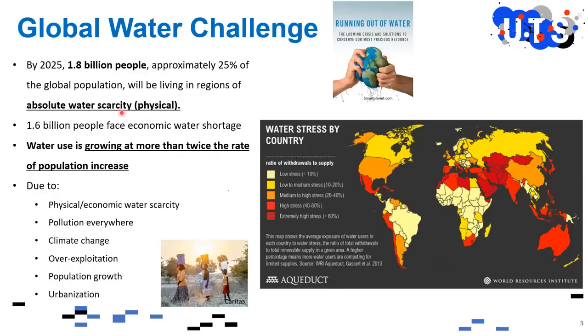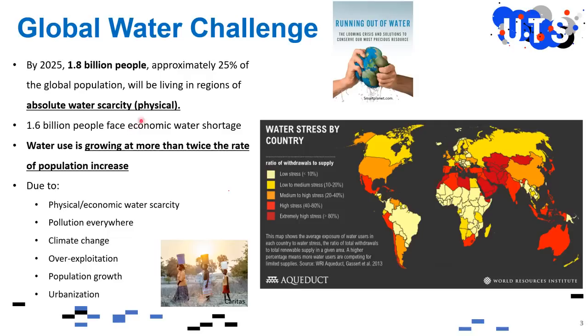So when we say physical water scarcity, this means that the water resource is not available in a specific area, or that they have the resource but the demand is much higher than the availability of that resource. And at the present time, around 1.6 billion people are already facing economic water shortage.